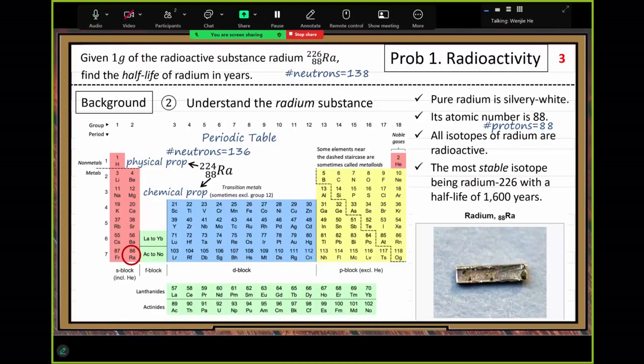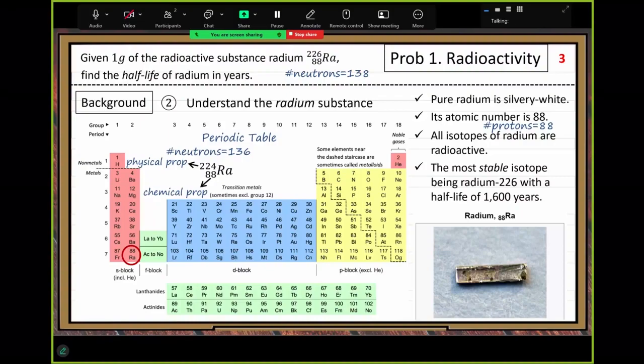It's quite long. After 1,600 years, the amount of that isotope of the radium is reduced to half of the original amount.